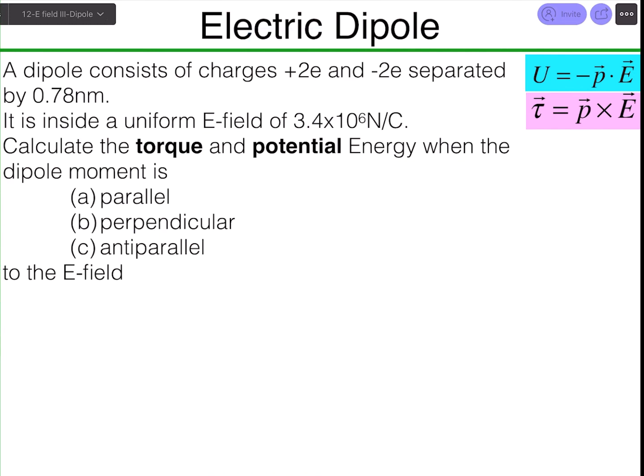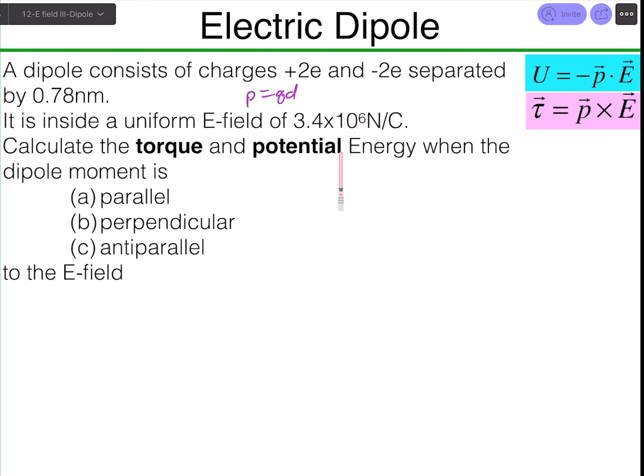Here's another practice problem. You have a dipole where the charge on the dipole is plus or minus 2e, and they're separated by a distance of 0.25 nanometers. So if you know the charge, 2e, and the distance, you can find p, because remember, p is just equal to qd. It's inside a uniform electric field of 3.4 times 10 to the 6 newtons per Coulomb.